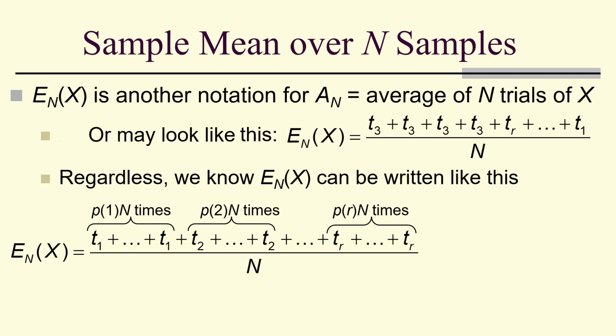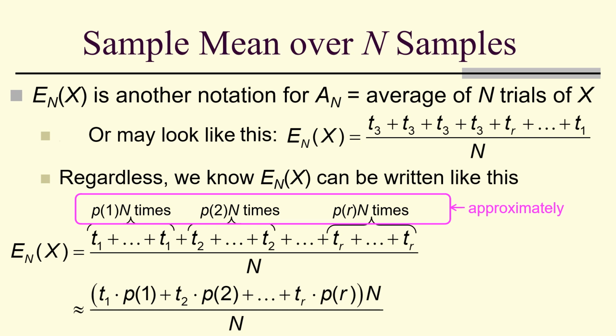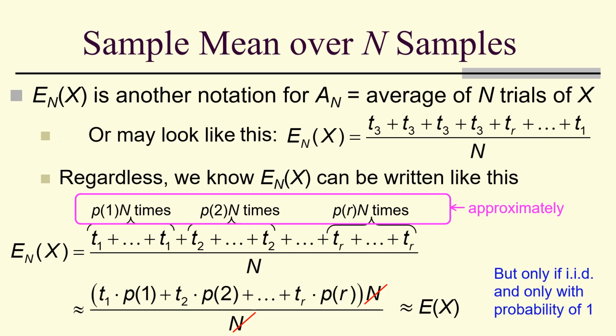And there's going to be approximately P1 times n occurrences of T1 and P2 times n occurrences of T2, approximately. And if we factor the n out, we can cancel. And that's approximately the expected value of x.